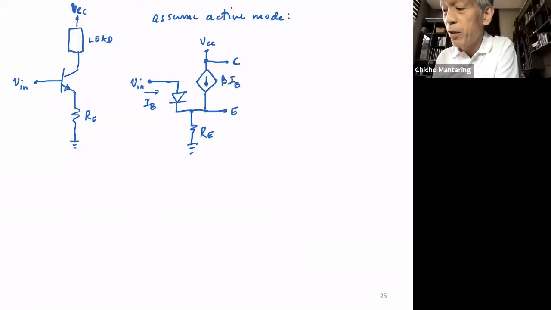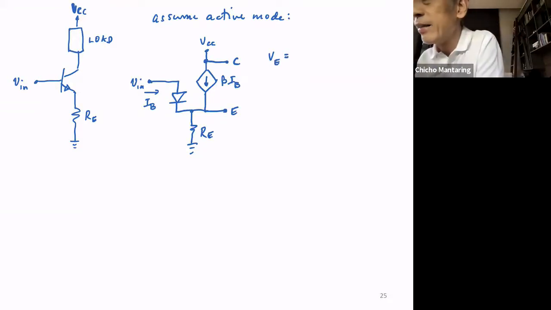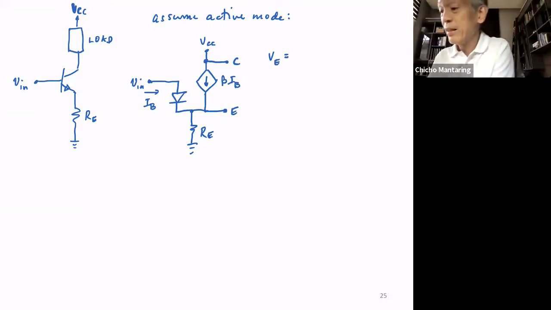Assuming active mode, what is the value of VE? Can anyone tell me? What is the value of VE? In terms of V in, I have a voltage here V in.